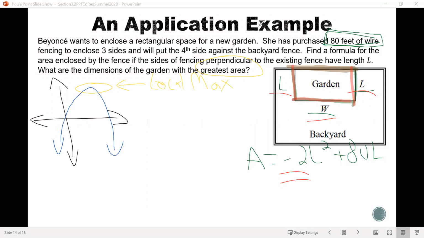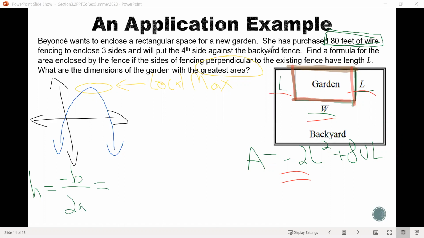And notice, where is that max occurring? It's occurring at the vertex, right? So to find the dimensions of the largest area, let's find the coordinates of the vertex. We know how to do that. That comes from h and k, where h comes from negative b over 2a.